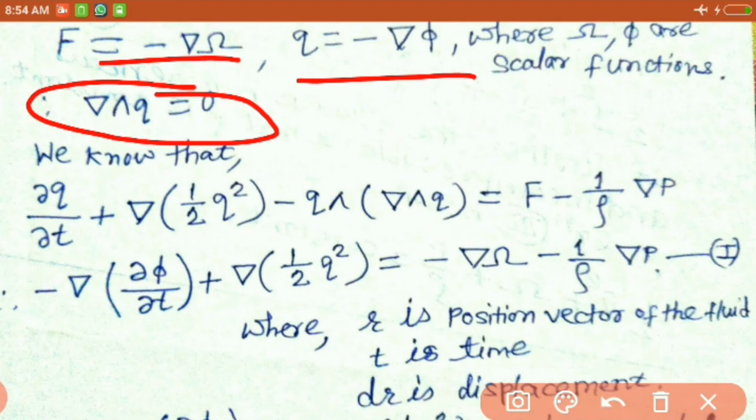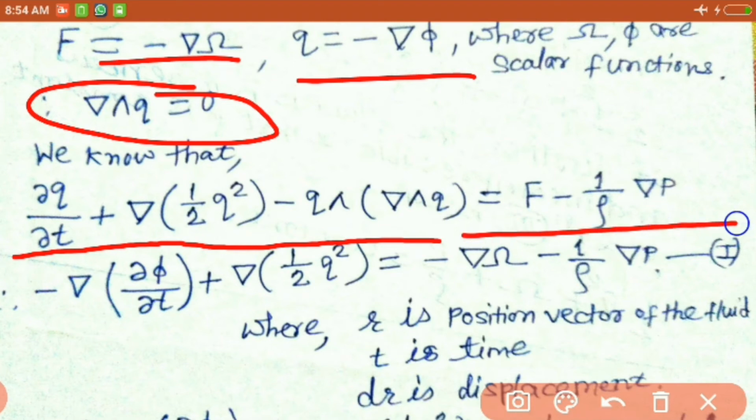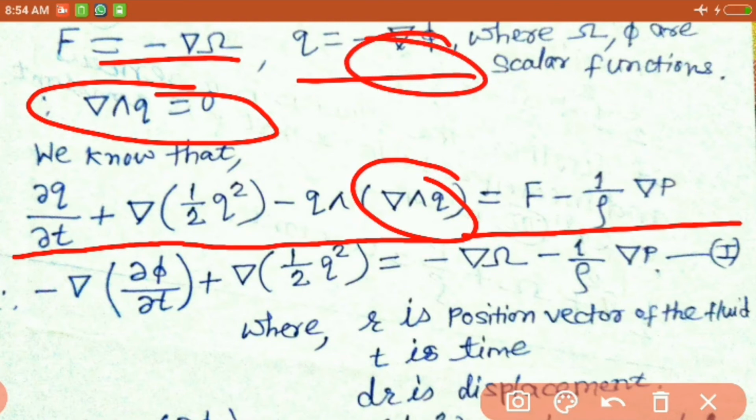We also know the equation dou q by dou t plus del 1 by 2 q square minus q cross del cross q is equal to f minus 1 by rho del p. We know this is 0, and q is minus del phi.